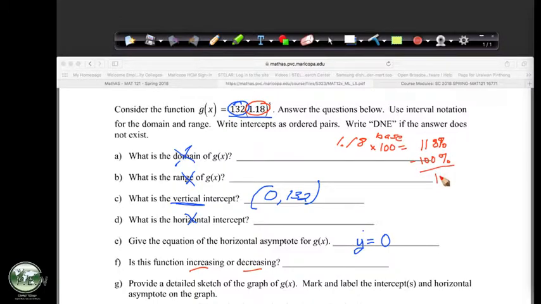Whatever's left, in this case a positive 18, so that's an 18% increase. Percentage-wise, we're adding on 18% each time. So we would say this is increasing, by 18%.